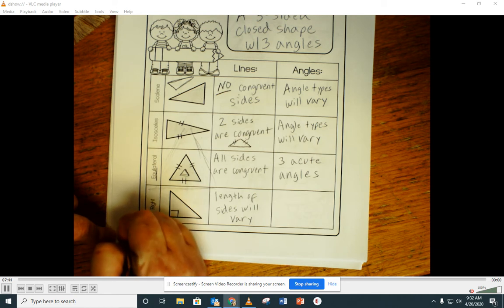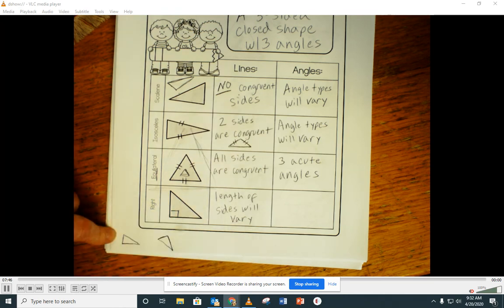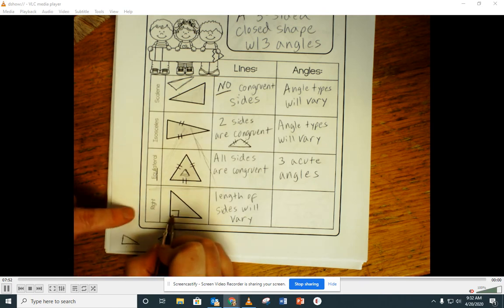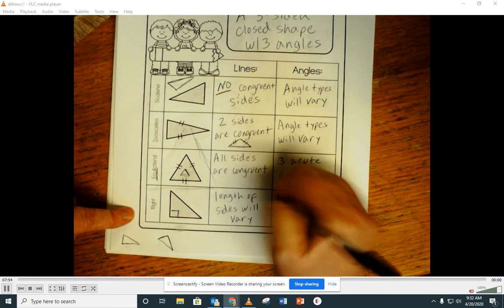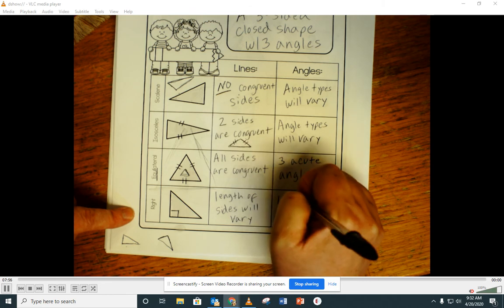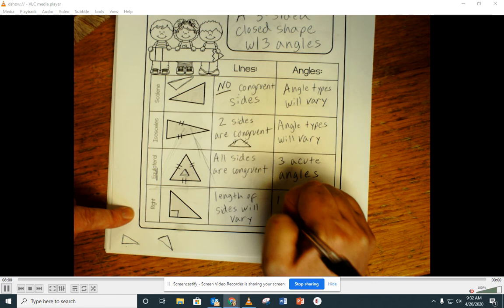This is a right triangle. So you can see that the length of the sides will vary, but it will always have one right angle.